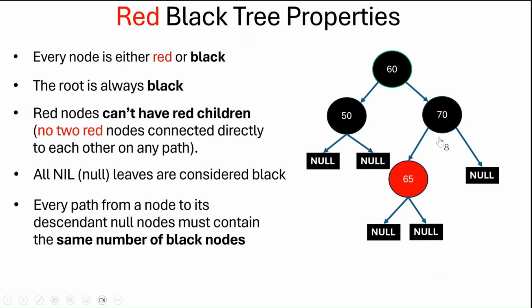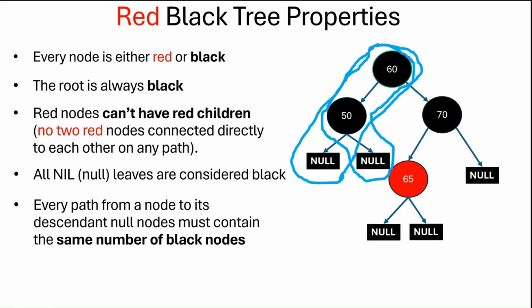And if we see, for each path the number of black nodes is 3: 1, 2, 3, 1, 2, 3, 1, 2, 3. So it is true for every path.